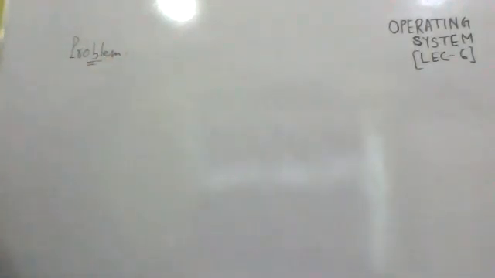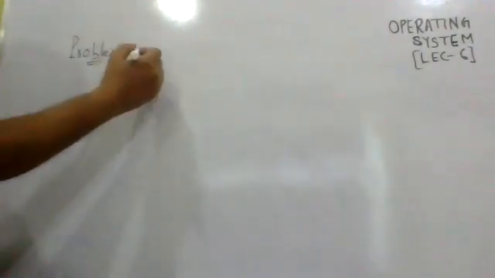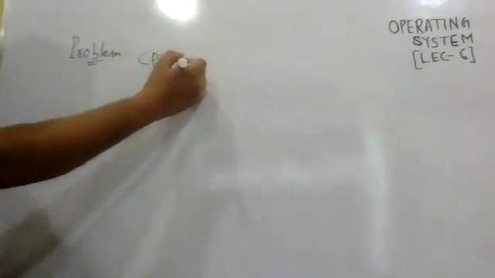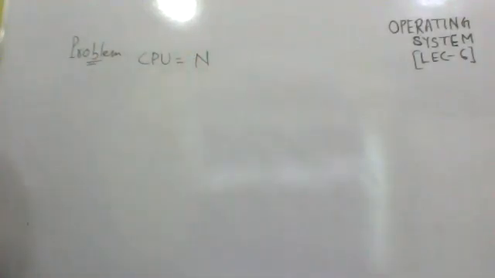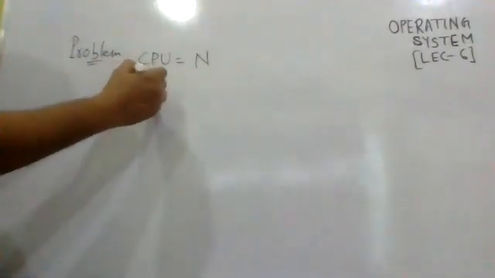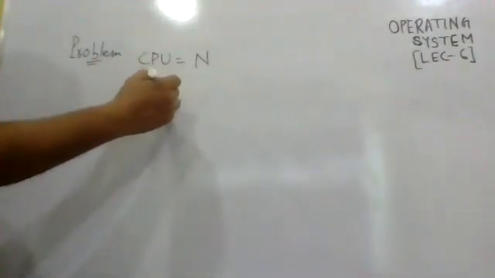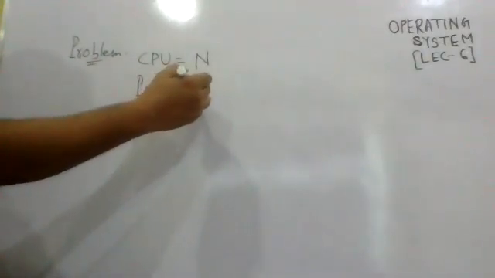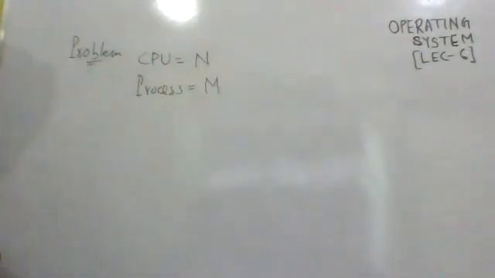Suppose consider a system with n CPUs. So the number of CPUs is equal to n, and the number of processes is equal to m.